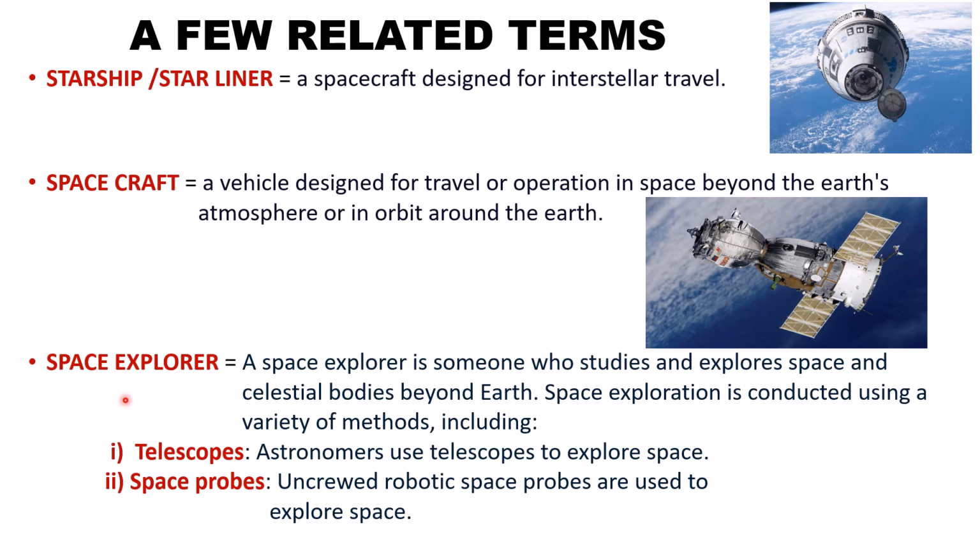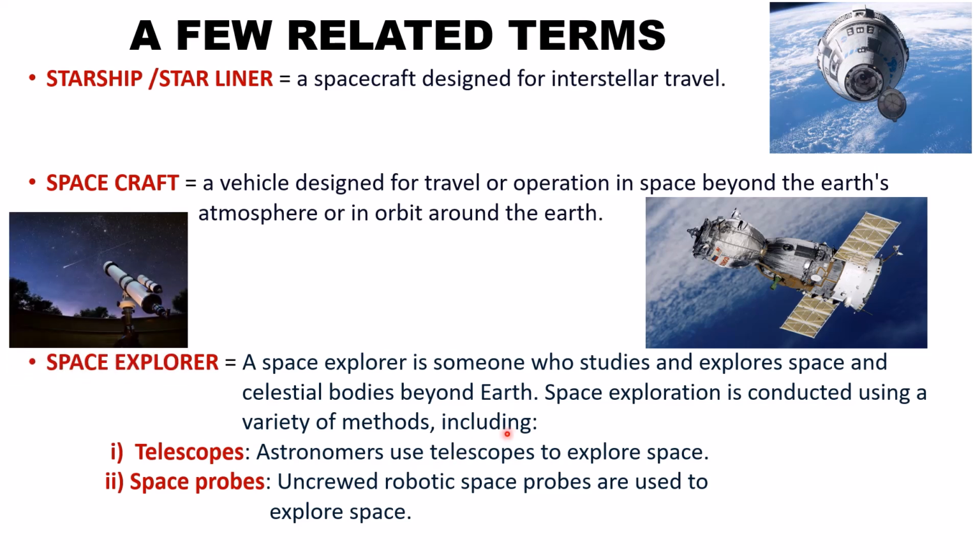Then comes space explorer. A space explorer is someone who studies and explores space and celestial bodies beyond Earth. Space exploration is conducted using a variety of methods, including telescopes. These are the telescopes, students. So, astronomers use telescopes to explore space.